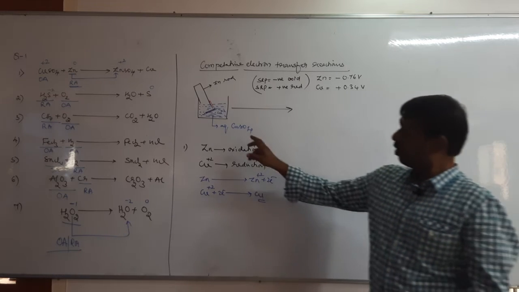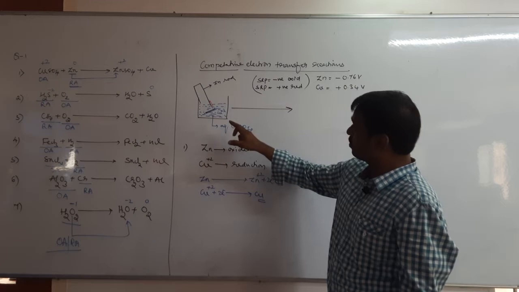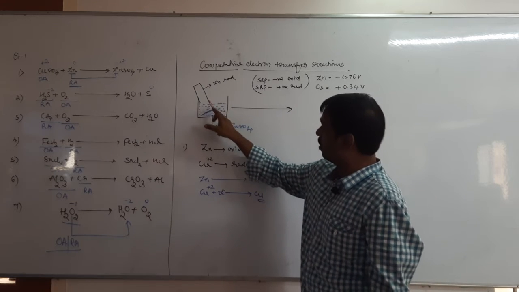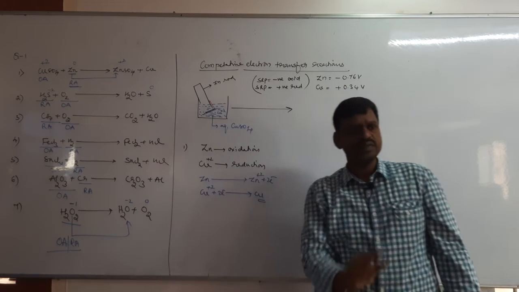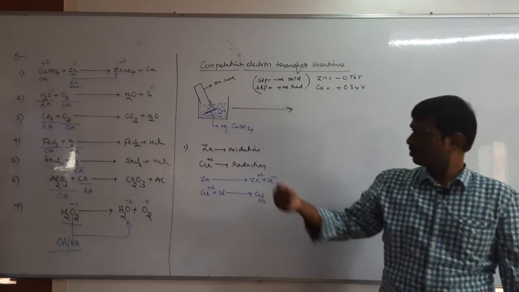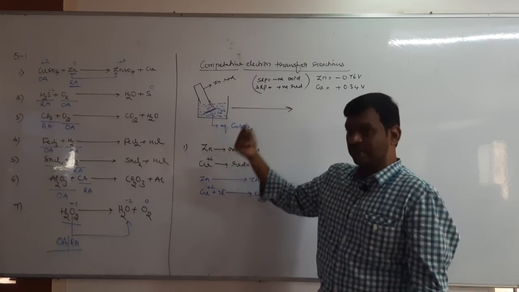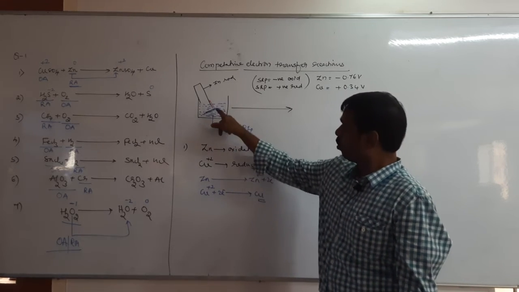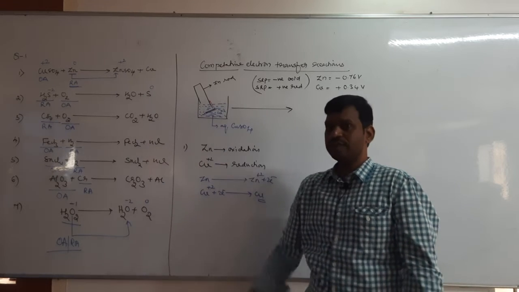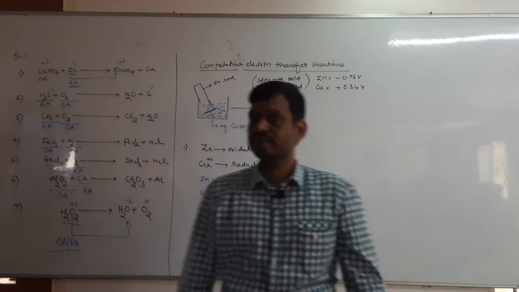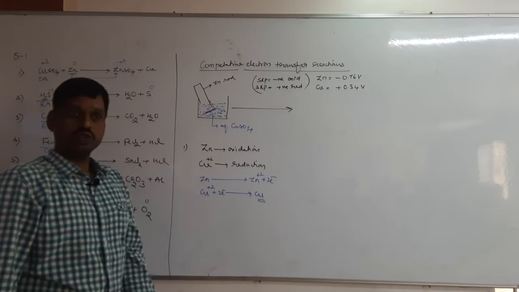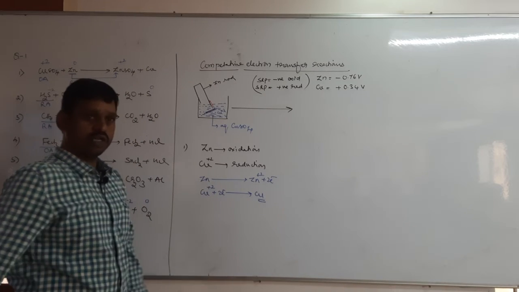The other thing noticed is that a very thin silvery layer of copper is coated on the surface of the zinc rod. So these are the things that can be noticed.